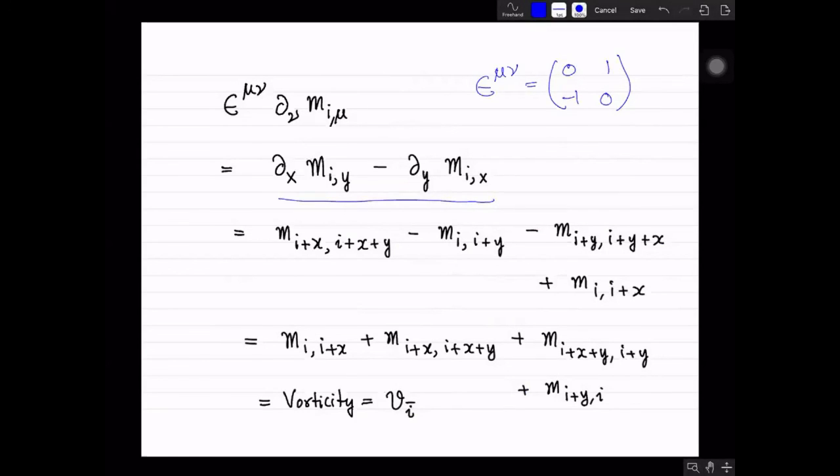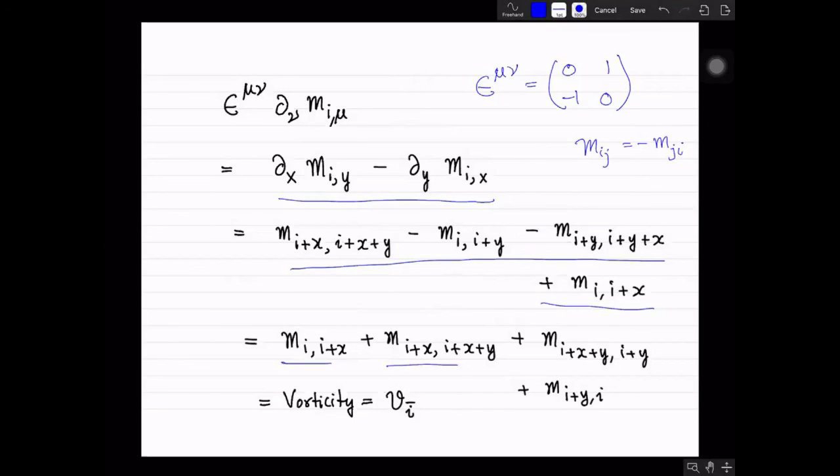When I write it out on a lattice, I'm just expanding differential operators, things that we have learned in high school, and using the fact that Mij is equal to minus Mji, you see that this is what I get.